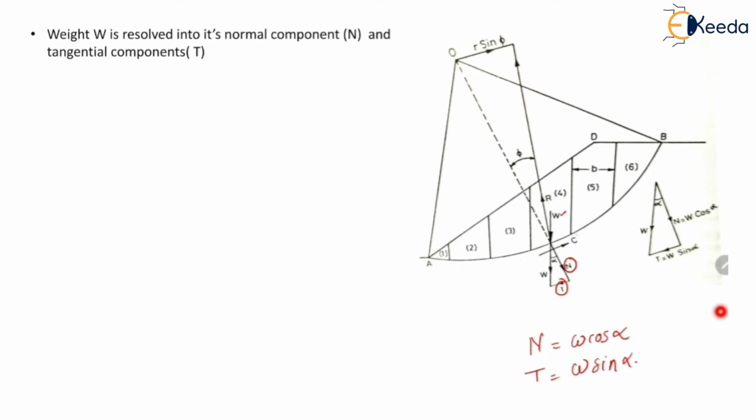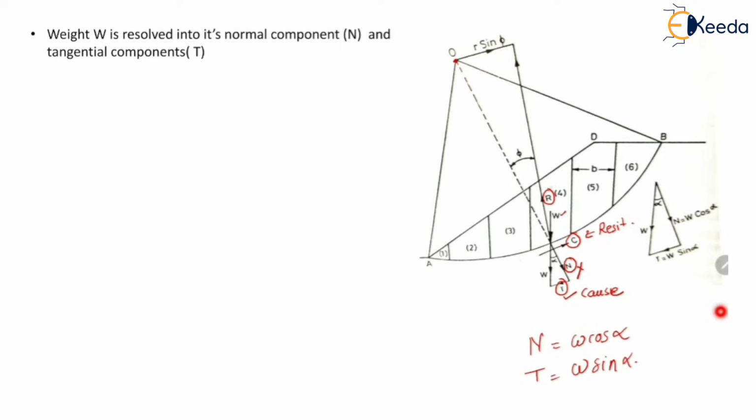The remaining forces are cohesive force C and reaction R. If we take the moment of these forces about the center of this failure surface O, then the normal component of W won't cause any moment because it is passing through the center, and the tangential component of weight will try to cause overturning, and cohesive force will try to resist the overturning.